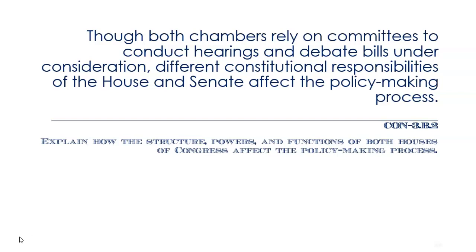So we talked last time about how a bill becomes a law, and today we're going to talk a little bit more about how all the different parts of Congress come together, the different committees, the different rules and things like that, and how it all goes into the policy-making process.